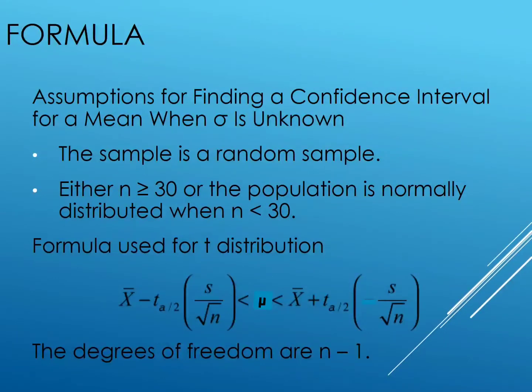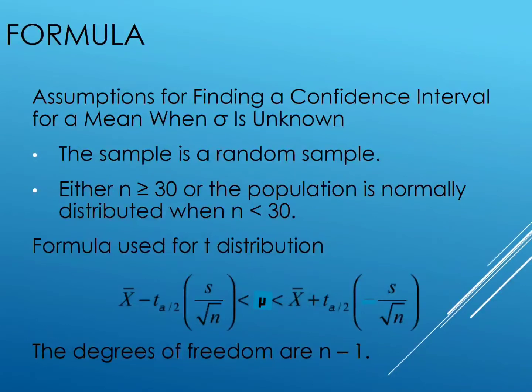It is the exact same formula as in section 2. The only difference here is, so we have x bar, which is the average of my sample, minus critical t. So now we are going to multiply by critical t, not critical z. And then we're going to divide, similarly from before, by the square root of n, our sample size.